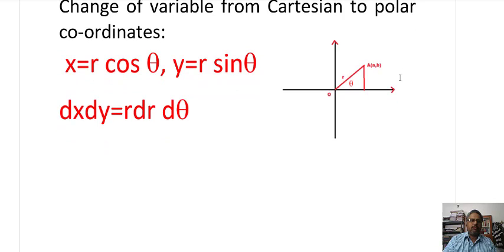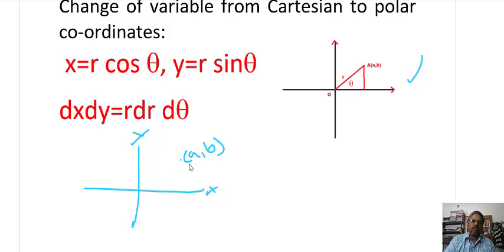Suppose you observe on the screen, this is the x-axis, this is the y-axis. Suppose you take any point a comma b. How to change the coordinates from Cartesian form to polar? Now this is in Cartesian form.